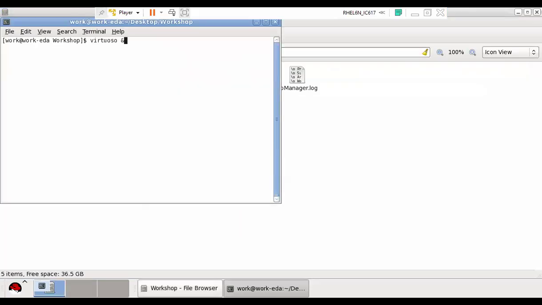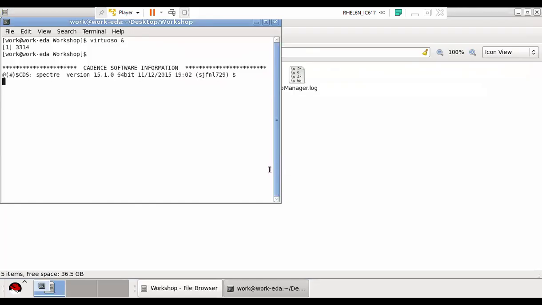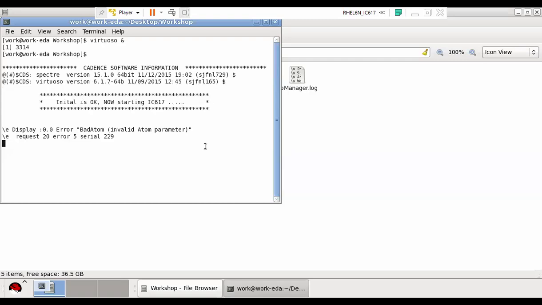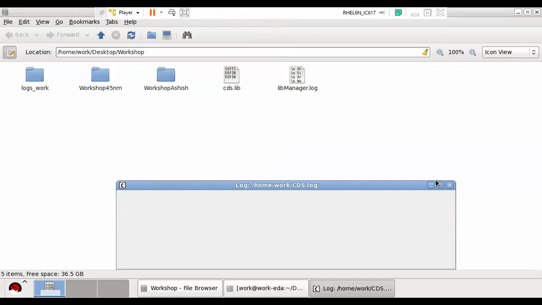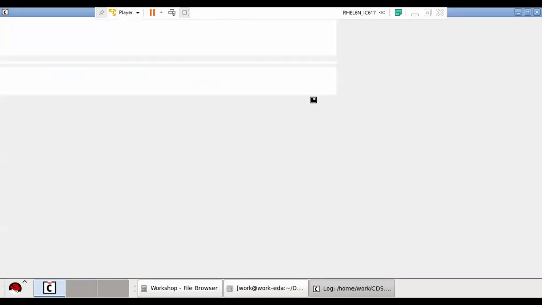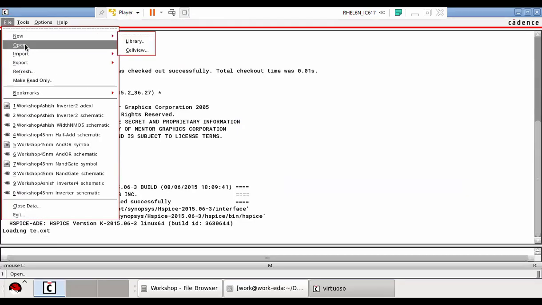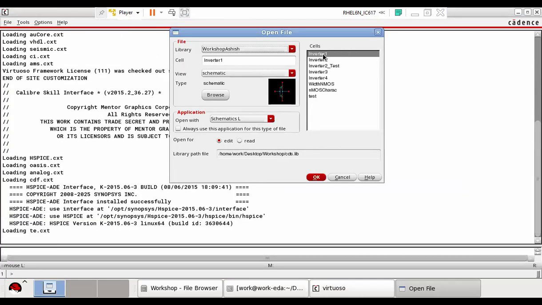So I'll open the terminal. Okay. So I'll open, let us say, some inverter.